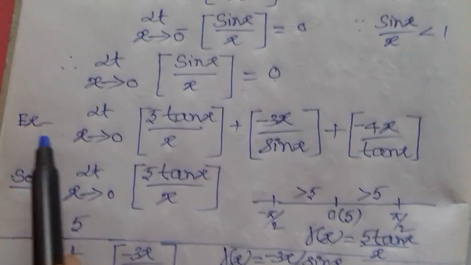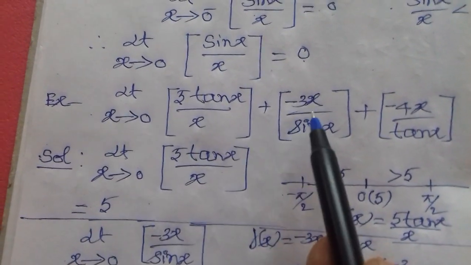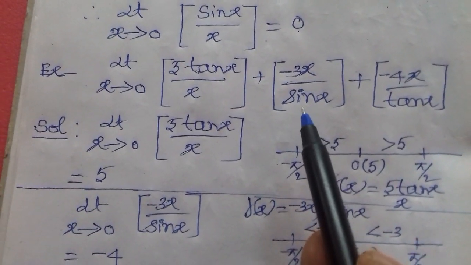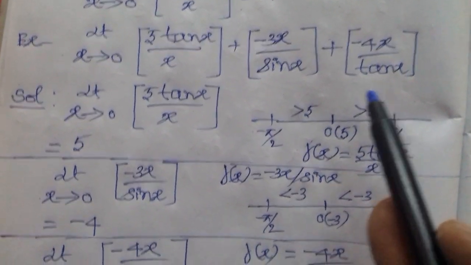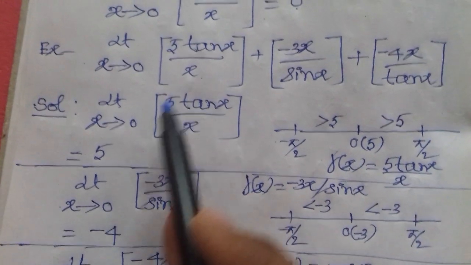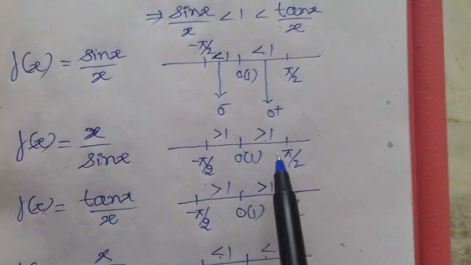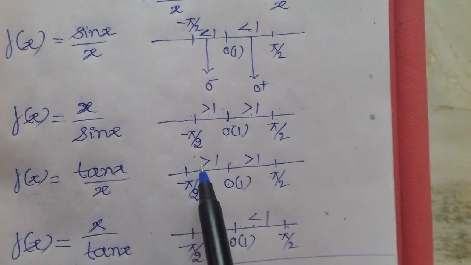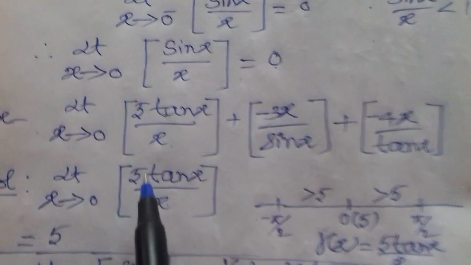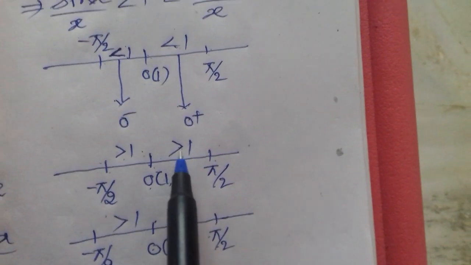Suppose take another example. Limit x tends to 0, step of 5 tan x by x plus step of minus 3x by sin x plus step of minus 4x by tan x. Suppose take the first limit, this one. So you know about tan x by x. Tan x by x will be like this: greater than 1 on this side, greater than 1 on this side. Here the function is given as 5 tan x by x, so this is multiplied by 5.